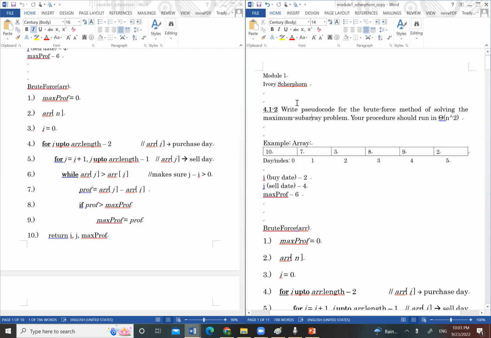Anyway, so let's start. So I did 4.1-2, which says write pseudocode for the brute force method of solving the maximum subarray problem, and your procedure should run in theta of n squared. If we remember, the maximum subarray problem in the textbook used the example of buying and selling stock.